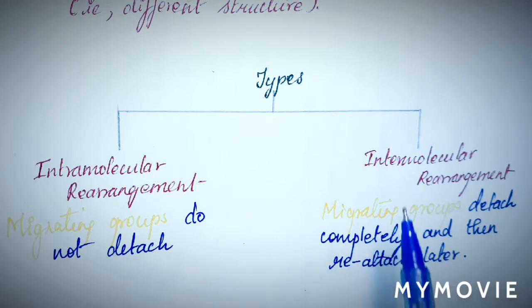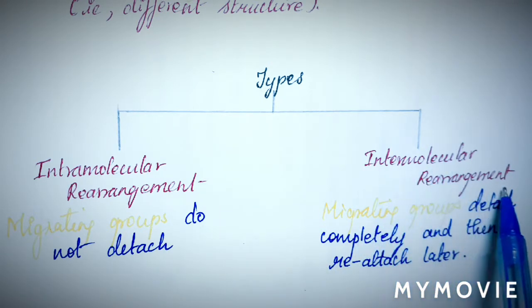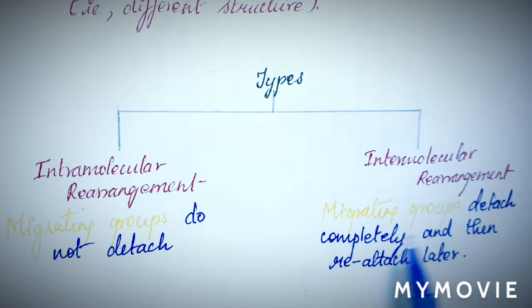But on the other hand, in the intermolecular rearrangement, the migrating groups will detach completely and then they reattach later on. So these are the different types.